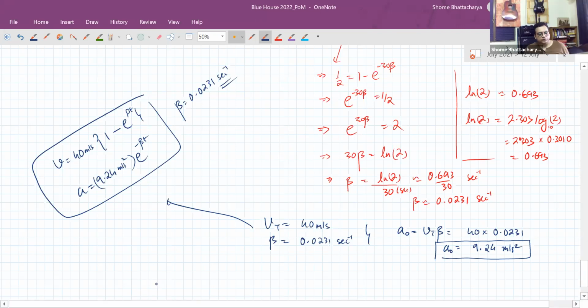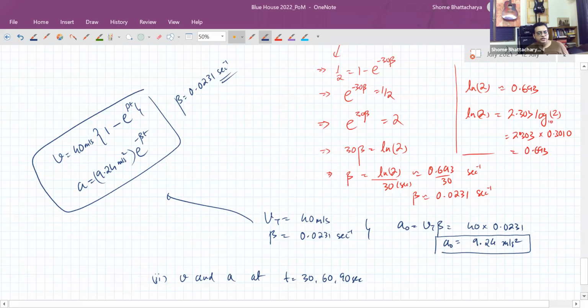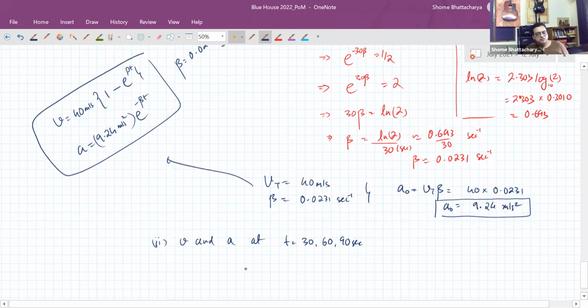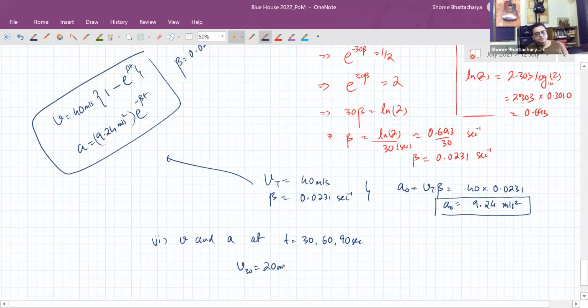Okay, now the rest of the things are just substitution. The second thing was we wanted to find V and A at 60 and 90 seconds. This too we already know that V at 30 seconds was 20 meters per second. But now we can also see what is V at 60 seconds.